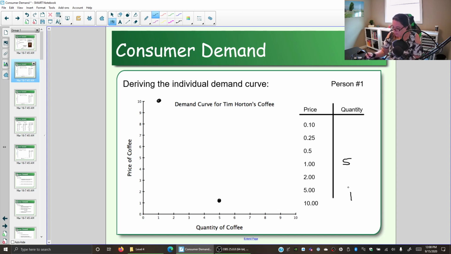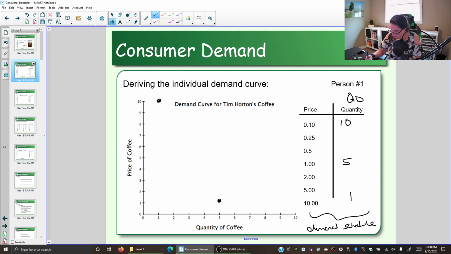And we could fill out the rest of this, which is called a demand schedule. The demand schedule is a table that shows the relationship between price and quantity demanded. That is the amount that consumers are willing and able to buy. And in this case, we're looking at an individual demand curve.